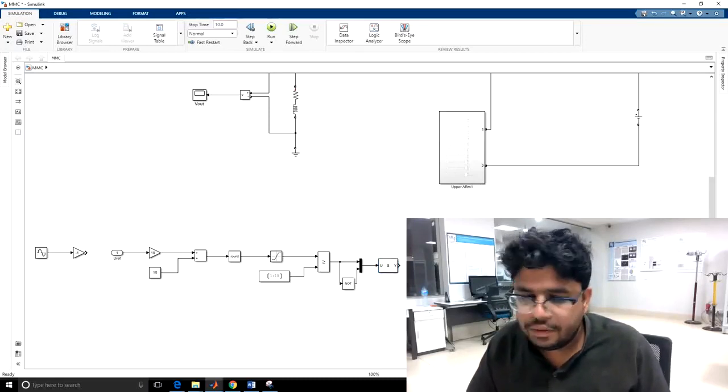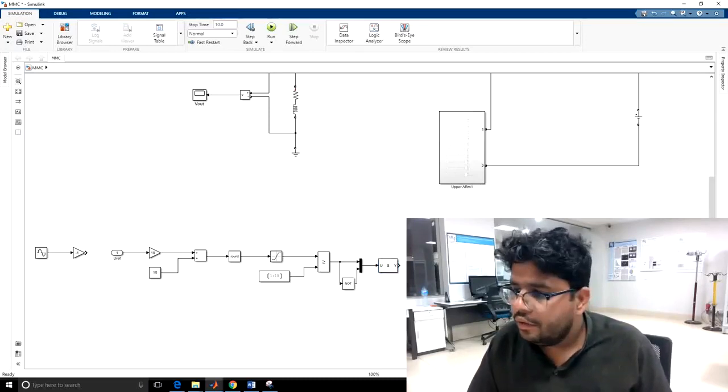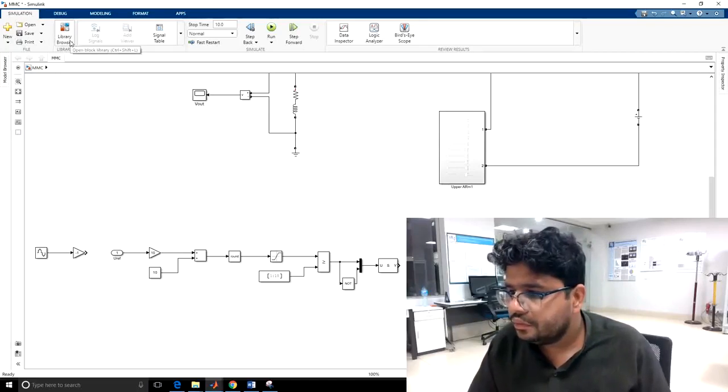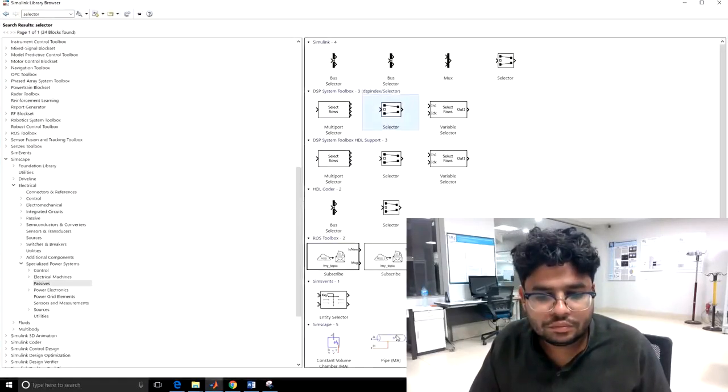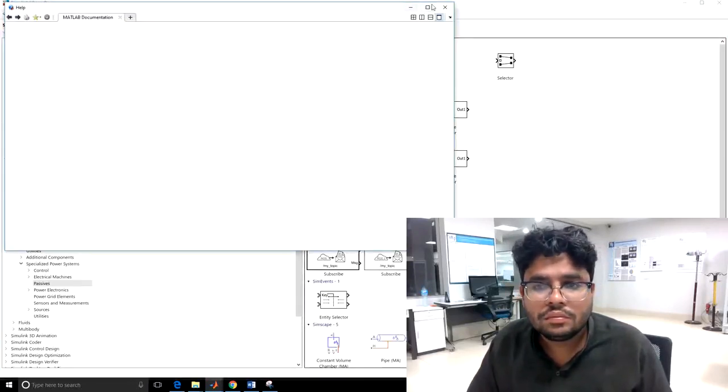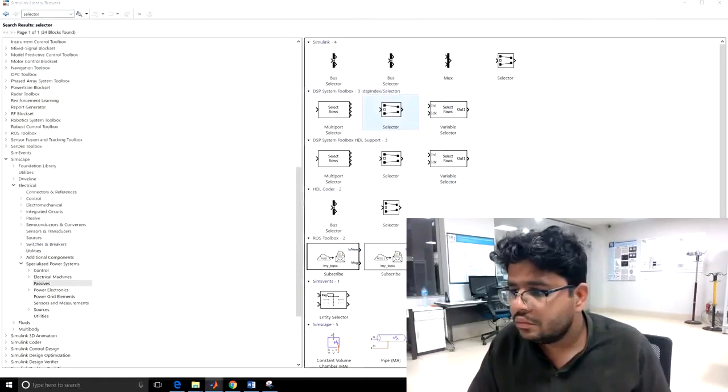So after this we need to pick one output. Need to pick one output.